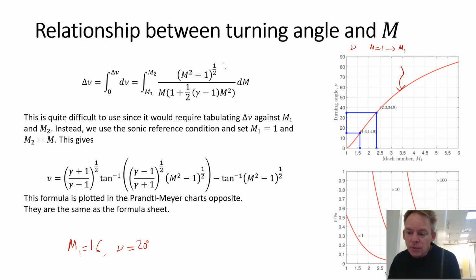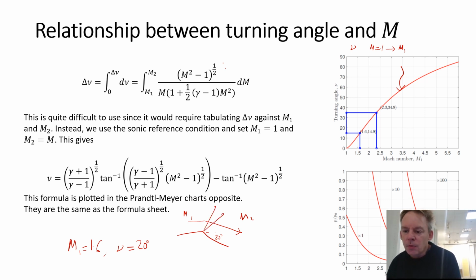Obviously we don't start with a Mach number 1, we start with something else. So what we do is quite simple. We start with Mach number 1.6 with a deflection angle of 20 degrees, and ask ourselves what is M2 after the turning or the expansion.